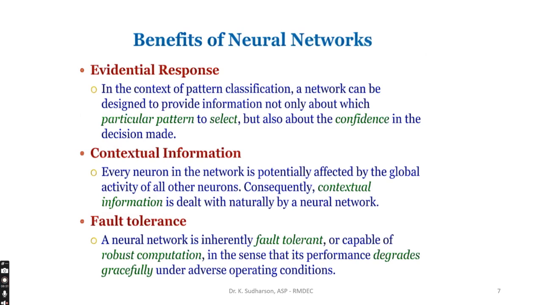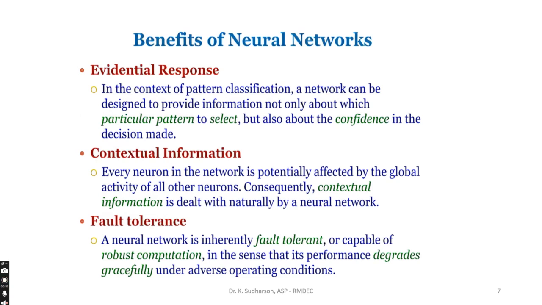Evidential response, whatever input data we are giving, it is giving some response. That response also needs to be very accurate. For that, we need to learn more and more data from the input given, and we need to give an accurate response, an evidential response. That is a major benefit of the neural network.